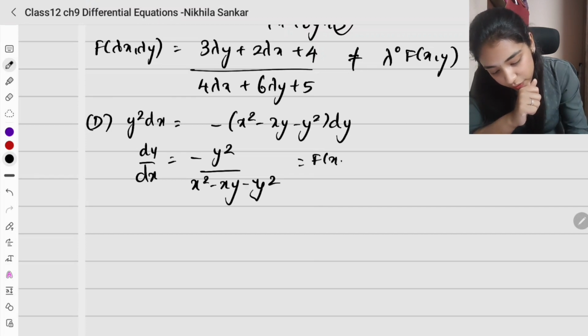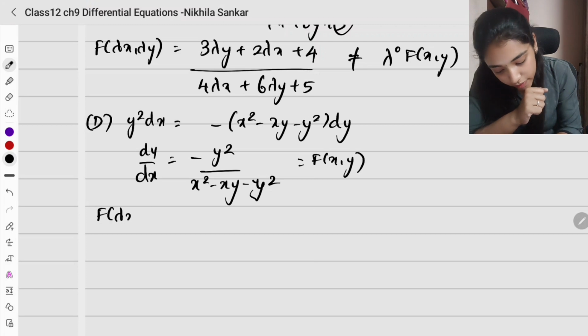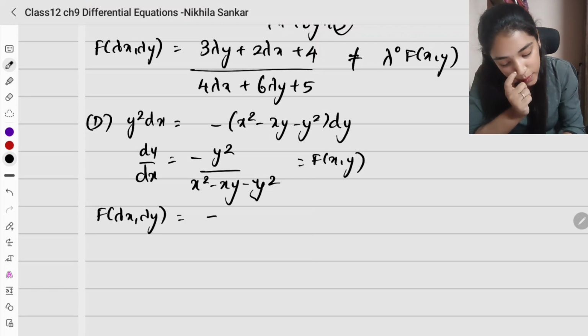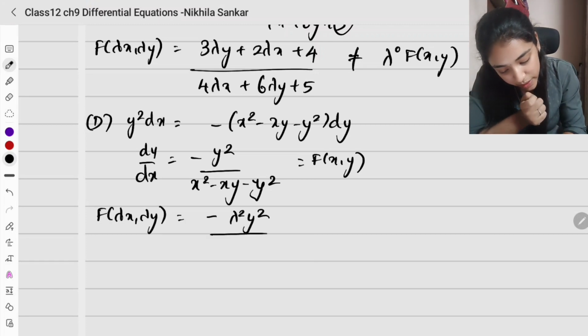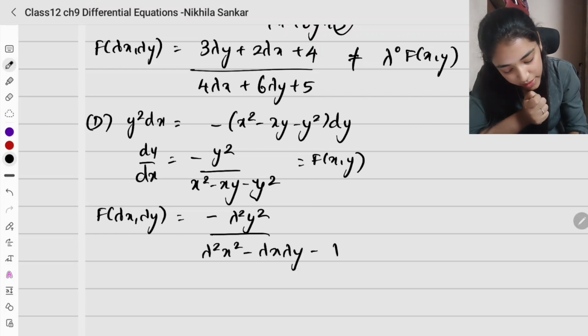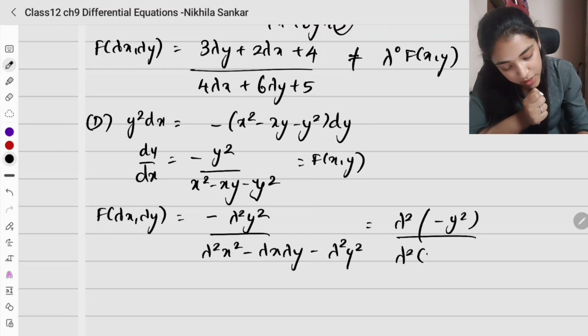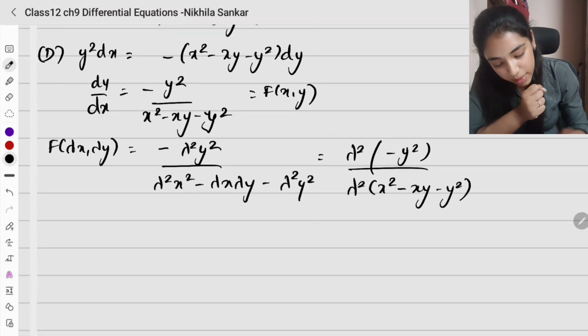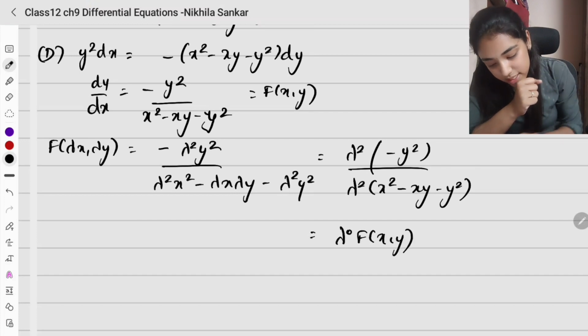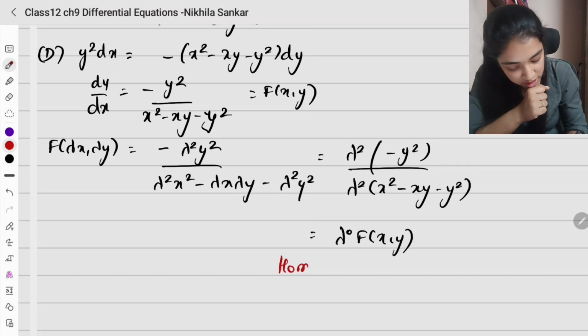Now this is my f of xy. f of lambda x lambda y equals minus lambda square y square divided by lambda square x square minus lambda x lambda y minus lambda square y square. I can take lambda square common. So this is minus y square divided by, taking lambda square out, x square minus xy minus y square. The lambda square and the lambda square get cancelled. So I'll be left with lambda to the power 0 of f of x comma y. So this is homogeneous.